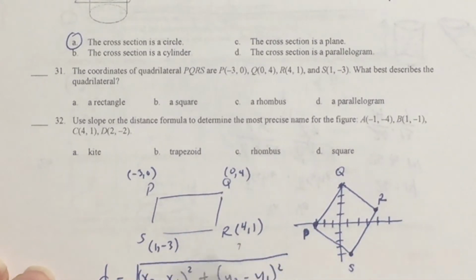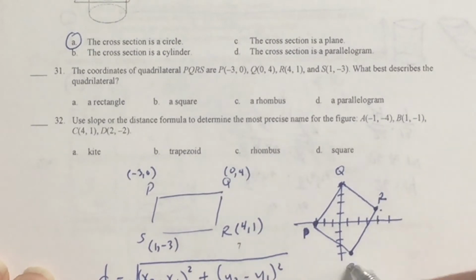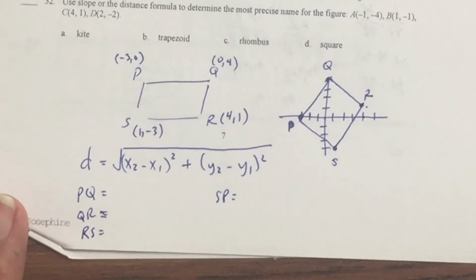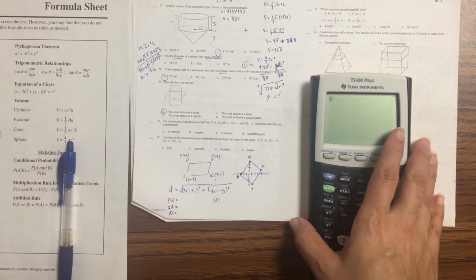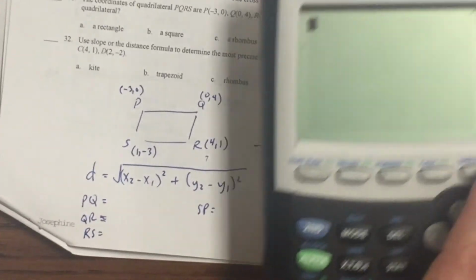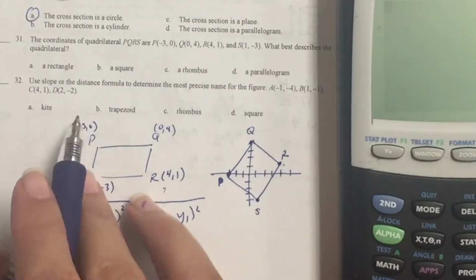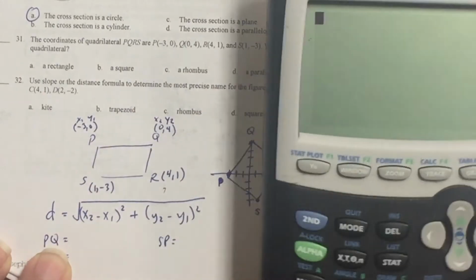All right, and what I'm going to do is find the distance PQ, P to Q, Q to R, R to S, and S to P. Okay, all I'm going to do is put them into the formula. So let's start off by labeling. So PQ, X1, Y1, X2, Y2.